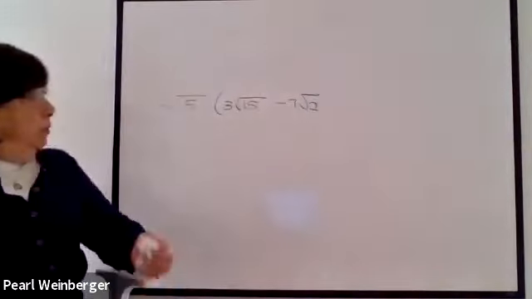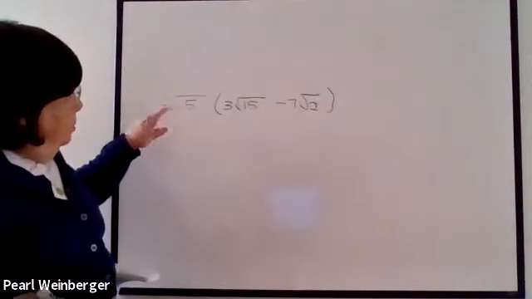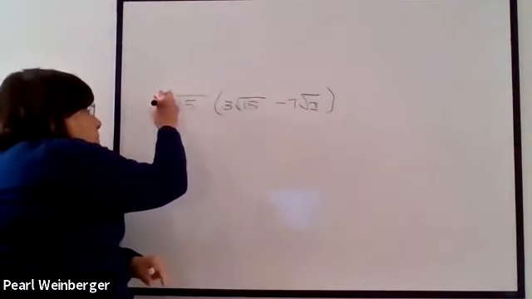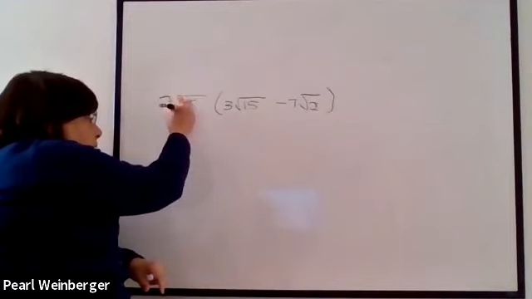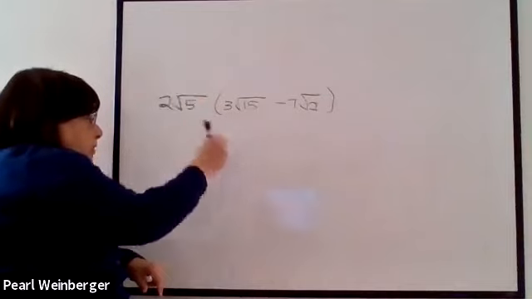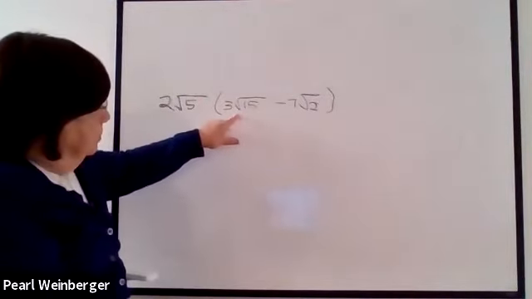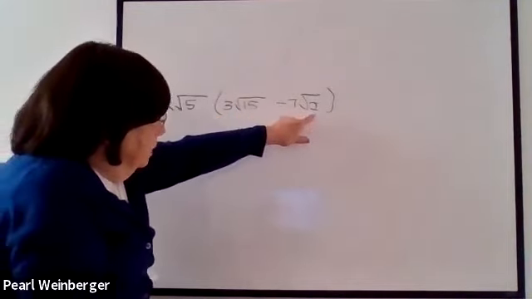In other words, we have a monomial on the outside. The 2 radical 5, that's one term because everything's connected by multiplication. And we have 2 terms inside the parentheses. We have the 3 radical 15 minus 7 radical 2.